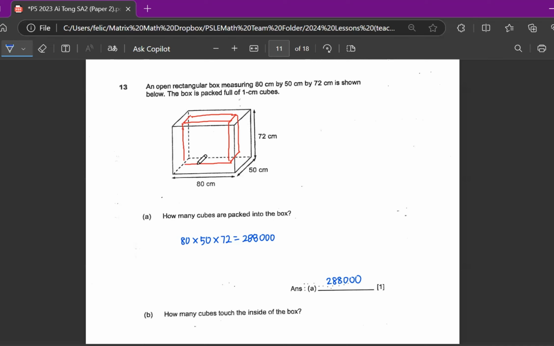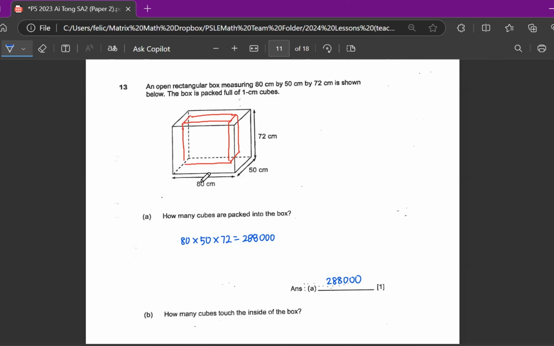How do I know it's less than 80? Along the length, if I fully occupy this whole space, I should have 80 cubes. But I'm only counting those that do not touch the walls, meaning the left side and right side walls. One cube is taken away here because it is touching the wall, and the other cube here is also touching the wall.